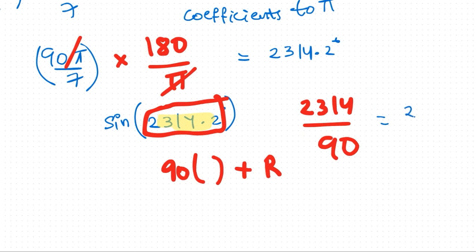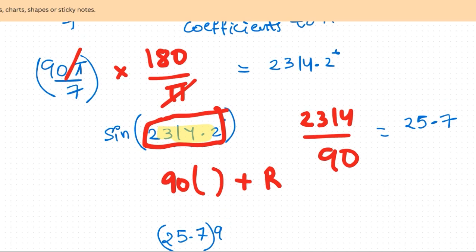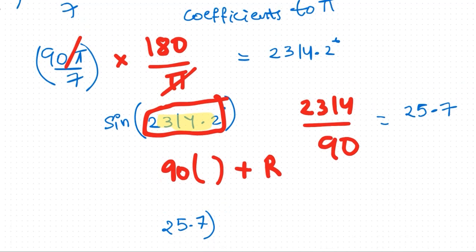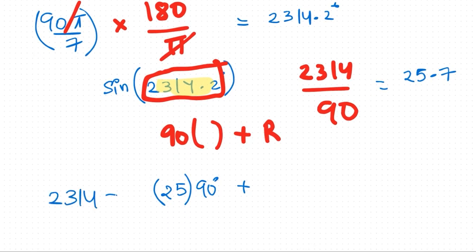So that means the angle is the same as 25.7 into 90 degrees, or 25 times 90 plus remainder, where the total is 2314.2. Dividend is equal to divisor into quotient plus remainder.